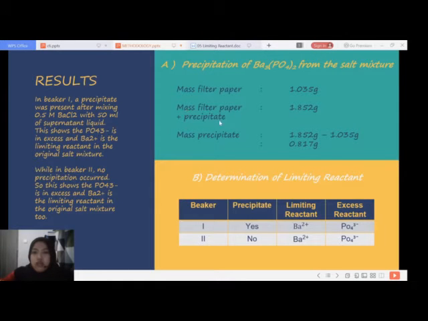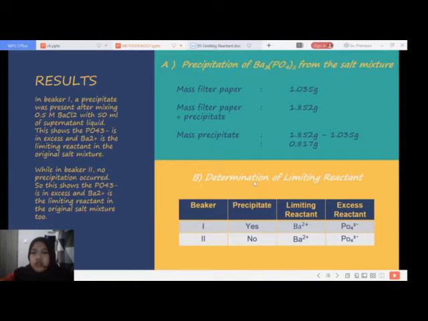We do the mass of filter paper plus precipitate minus the mass of filter paper: 1.852 grams minus 1.035 grams, and we get 0.817 grams.